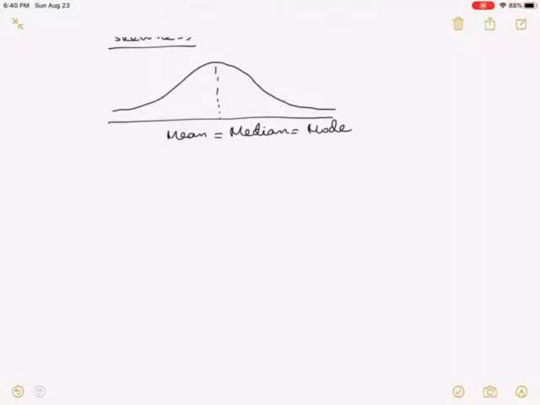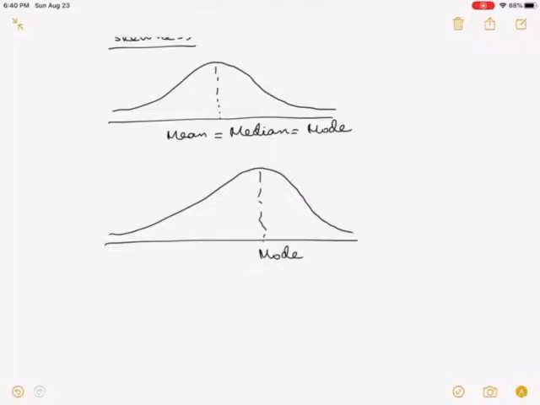If it is left skewed, so the highest point is the mode, right? So the median will be less than the mode and more than the mean.